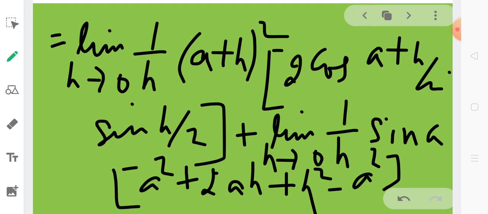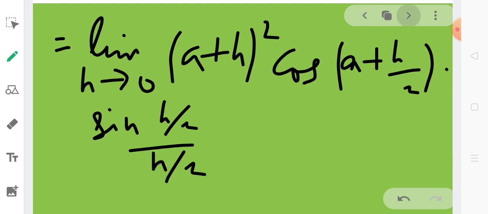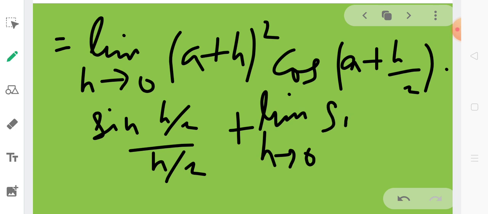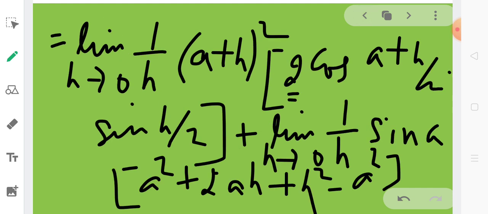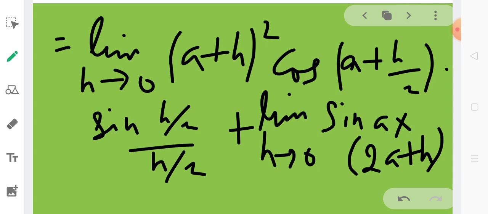That 2 has been brought down. Plus limit h tending to 0 sine of a and into, so in this case we can remove a square and then dividing by h, you are left with 2a plus h. So that's what I have written.